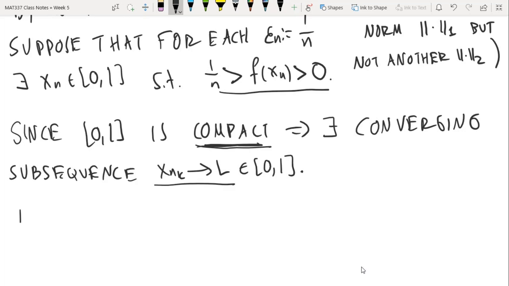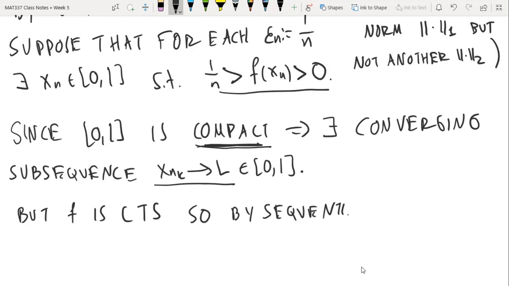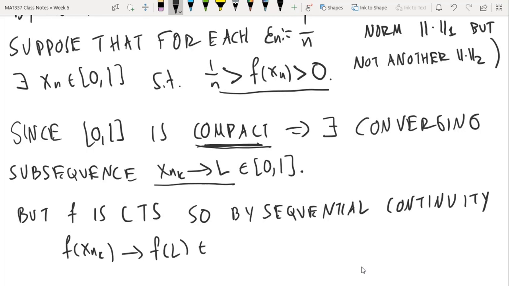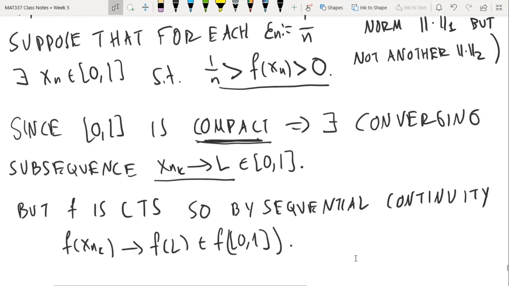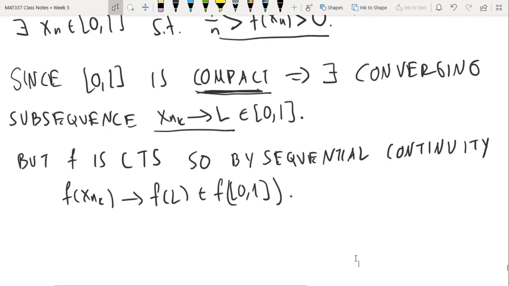Okay, but f is continuous, so by sequential continuity, f of x n k goes to f of L. Somehow this tells us something.